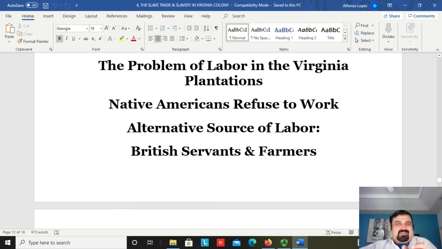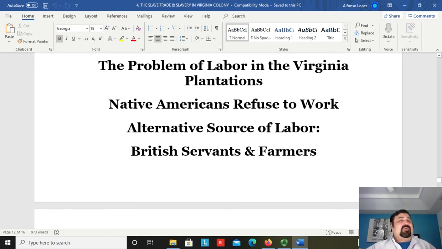They were owning a share of the company. They provided investment for the development of this company, and they were given a land grant to come and develop plantations. So when they arrived, of course, the issue is, well, we got the land, but who's going to actually work the land?